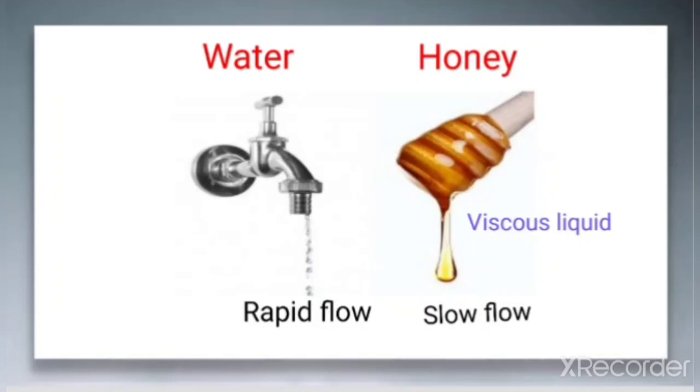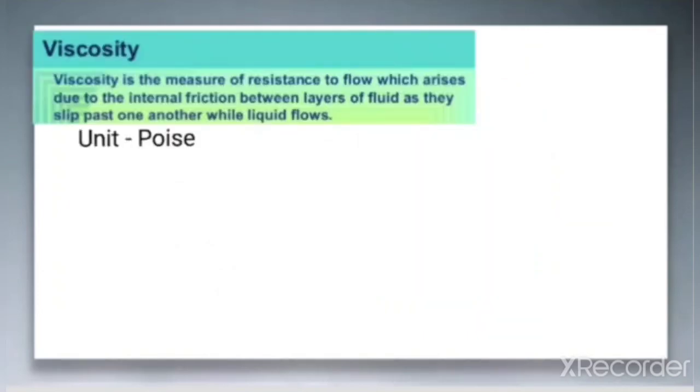So how do we define viscosity? Viscosity is the measure of resistance to flow which arises due to the internal friction between layers of fluid as they slip past one another while the liquid flows.